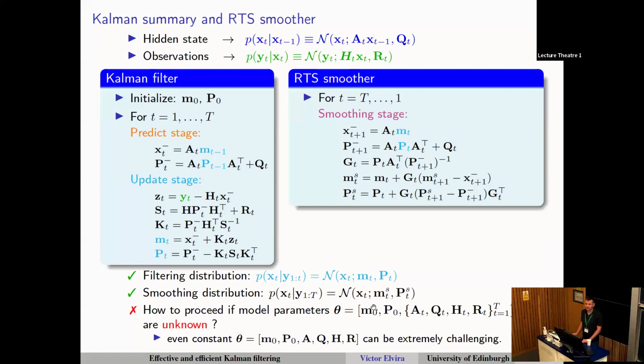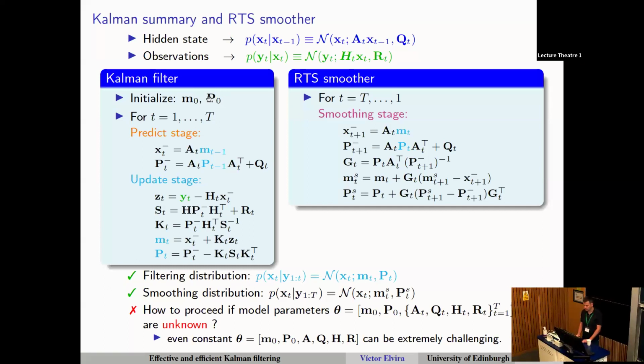So how to proceed in real world scenarios whenever we don't know the model parameters. The model parameters here are the mean and the covariance of the initial state. Again, we could consider this to be known, and little damage may be done in many applications.